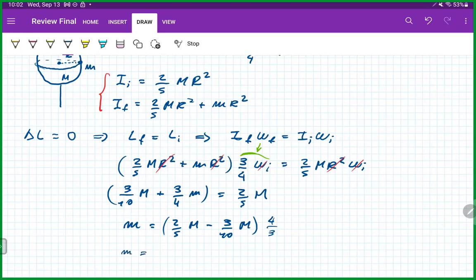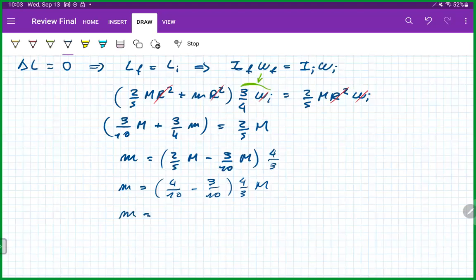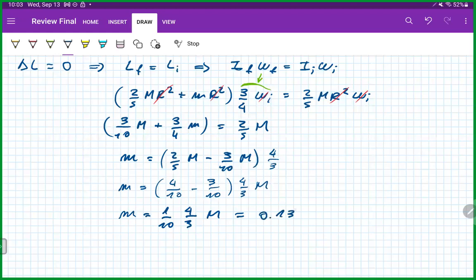So that gives m equal to 4/10 minus 3/10, 4/3 M. So I'm getting the M out of there, and finally you get m equal this, and that's 0.13 of big M. So you have the mass of the asteroid in terms of the mass of the Earth, of the planet.